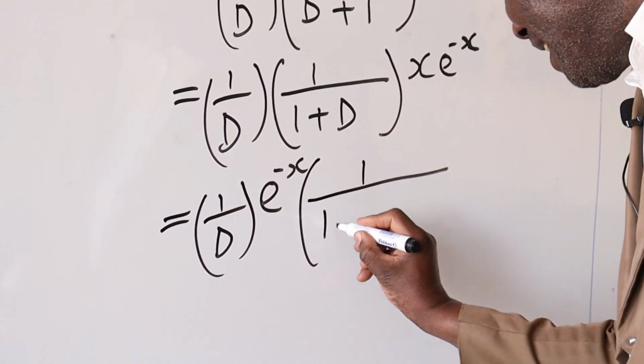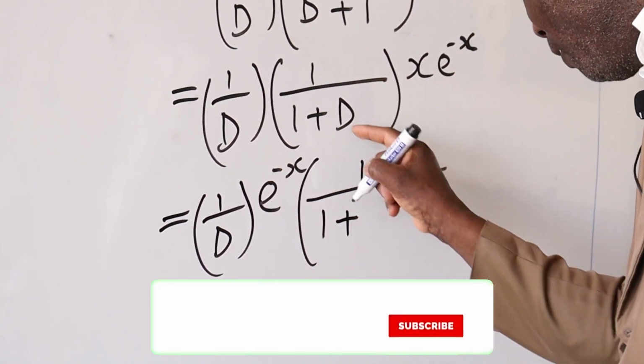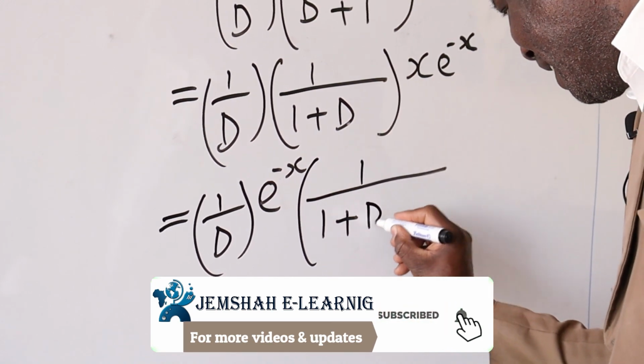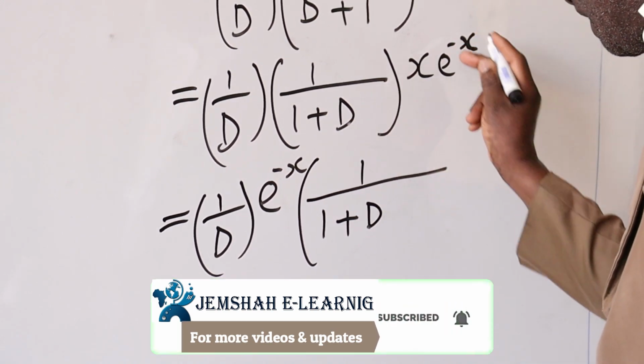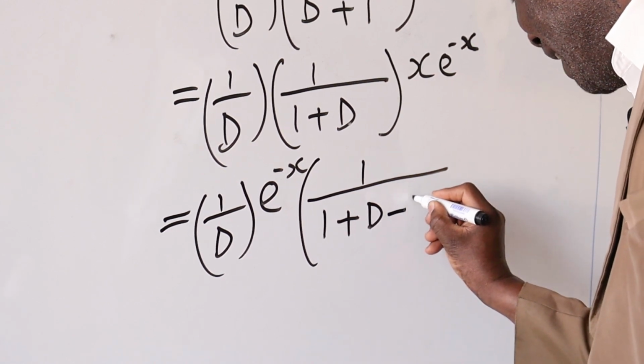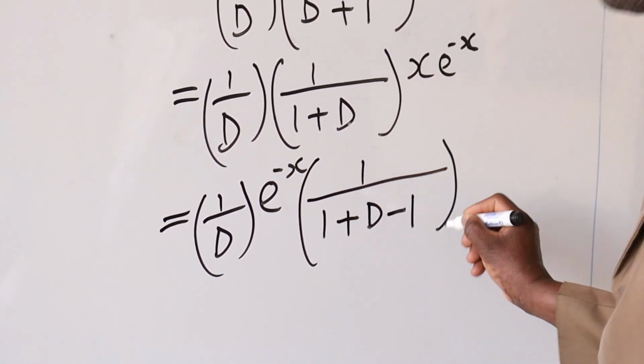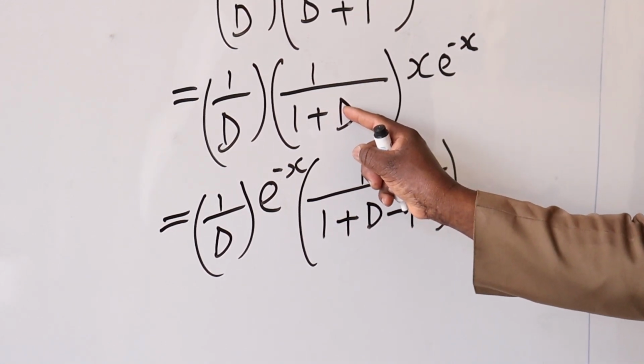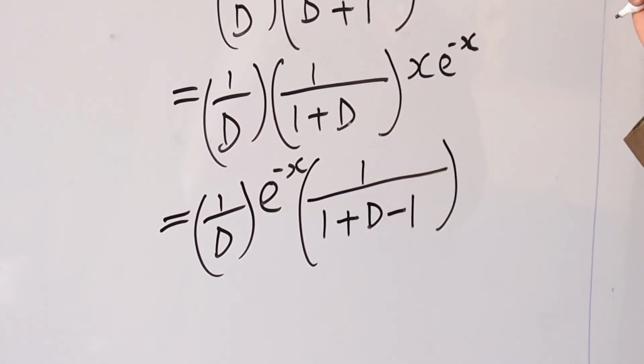So it will be 1 all over 1 plus D minus 1. So D minus 1 has replaced the D, according to theorem number 2.